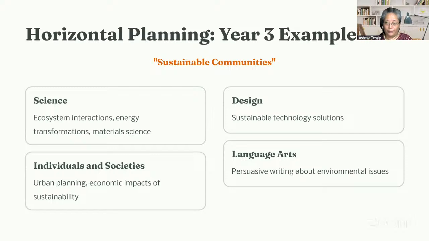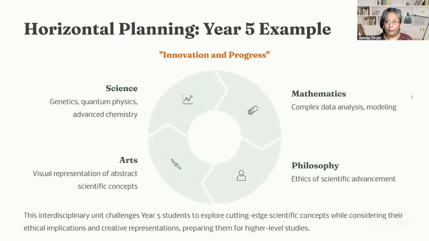Also, there are skills that you can learn through the different subjects which are needed for sciences. If you're looking at a Year 5 example, MYP 5, and I'm going to do the unit on innovation and progress, then maybe in sciences I'm looking at genetics, quantum physics, and advanced chemistry.